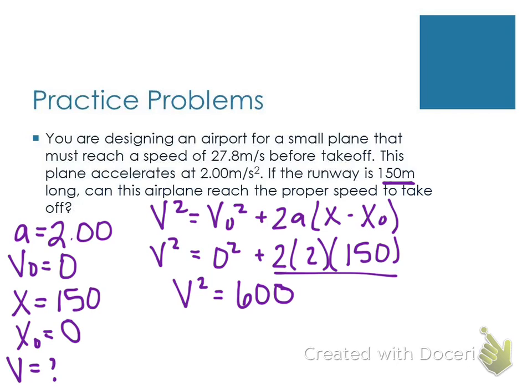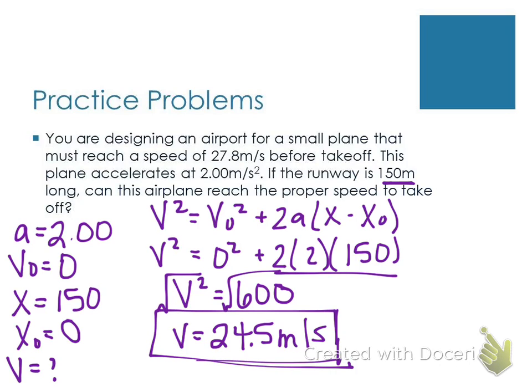What did you say? Square root both sides. Very good. So we'll square root the V, square root 600, which would give us V equals, I got 24.5, yeah? Okay, so that's the final speed that it will reach by the time it needs to take off.